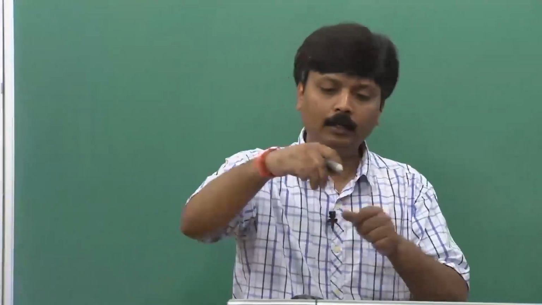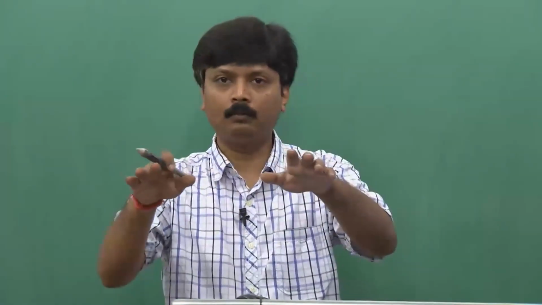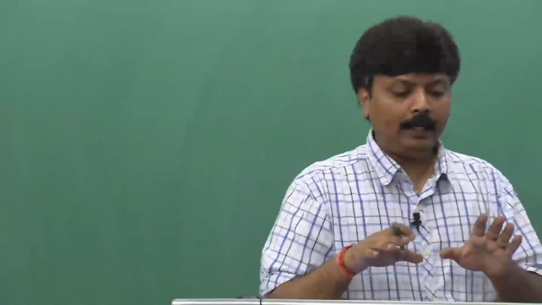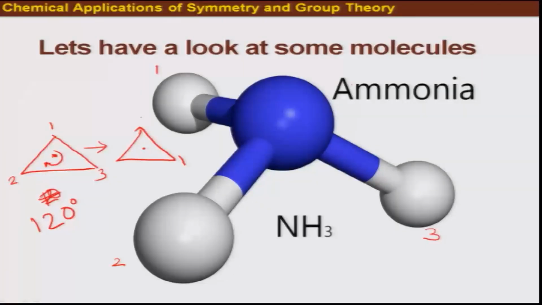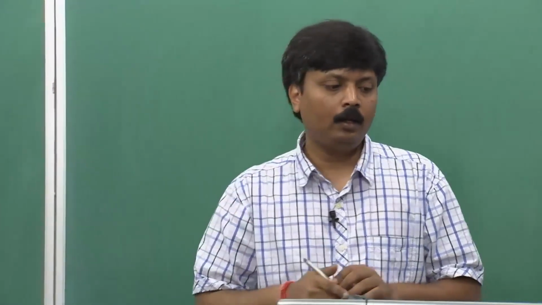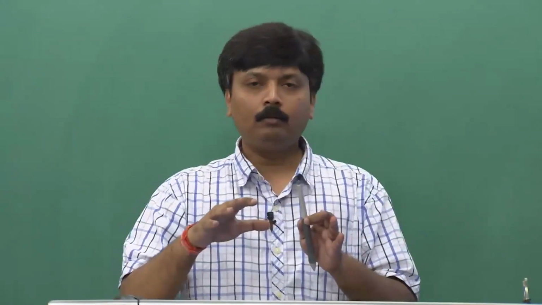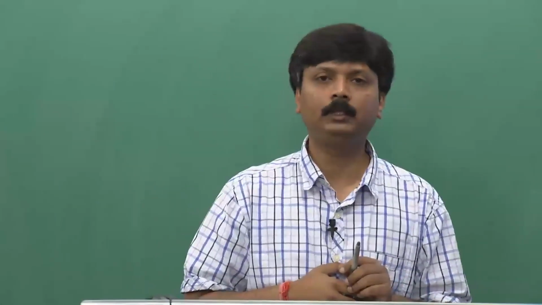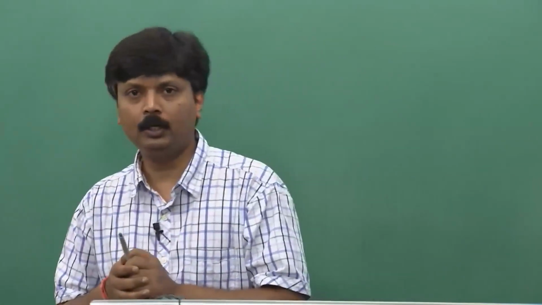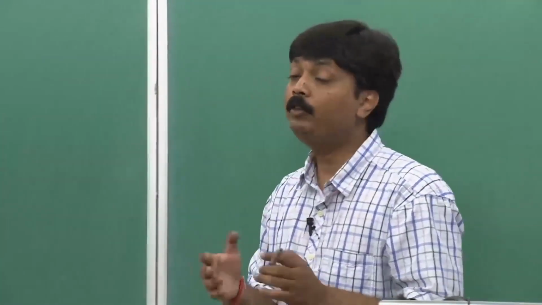But actually you can take this molecule and rotate it. So I can get several indistinguishable structures of this molecule. And if I ask you at this moment, you have seen the water structure and now you are seeing the structure of ammonia. We said water was symmetric, ammonia is also symmetric. Which one is more symmetric? The obvious answer will be ammonia.